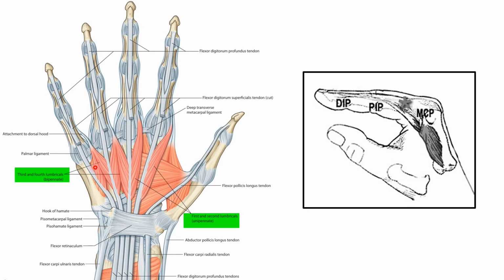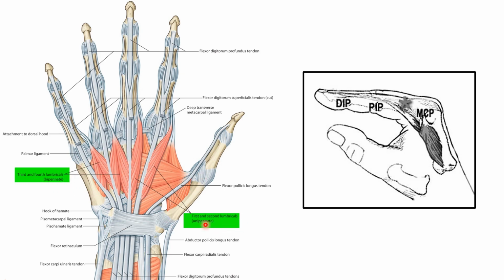Okay, you can see these are four lumbricals. This is first, this is second, this is third, and this is fourth. First and second are called lateral two lumbricals, and they are unipennate, and third and fourth are medial two lumbricals. They are bipennate.